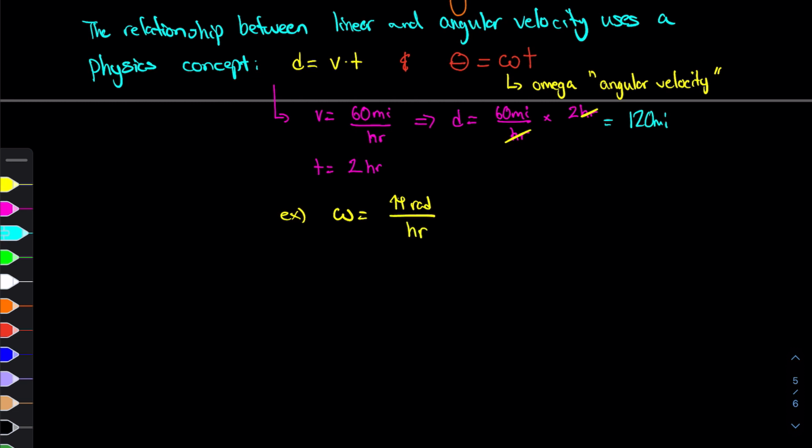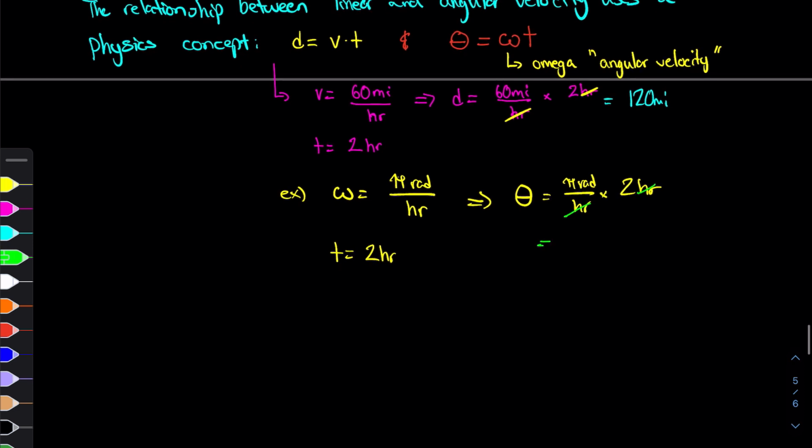And then, if I tell you that your time is equal to 2 hours, well, then how far has your vehicle moved? How far has the angle changed? Well, this is just going to equal pi radians per hour times 2 hours. The units are, again, going to cancel. And this is going to leave us with 2 pi radians.